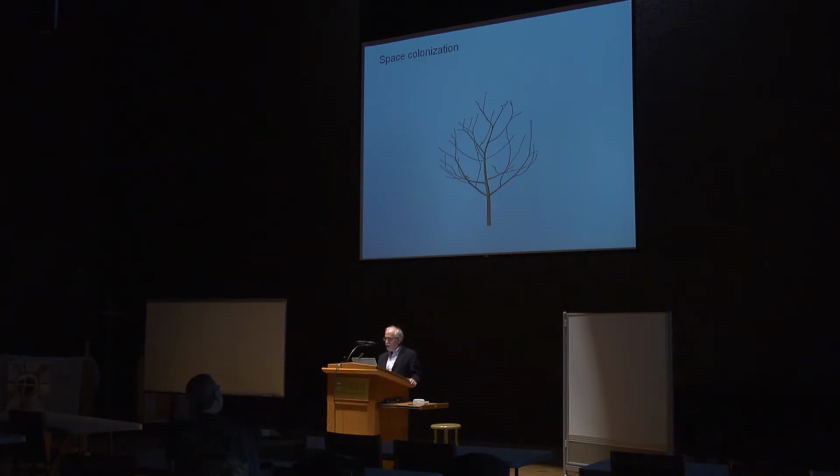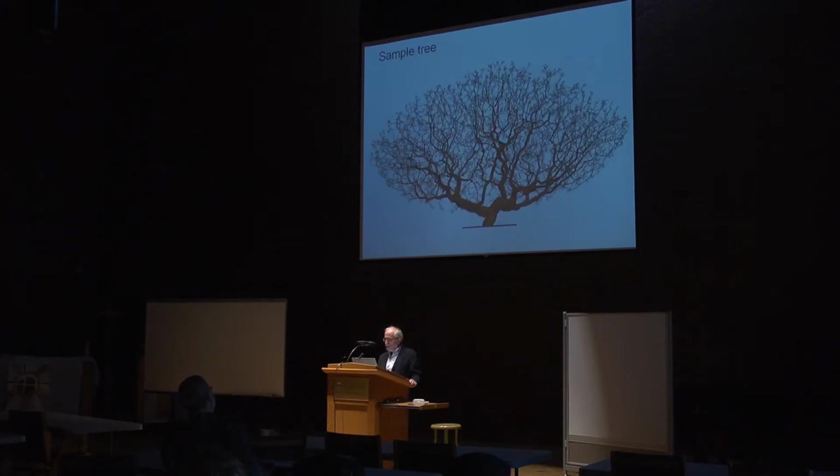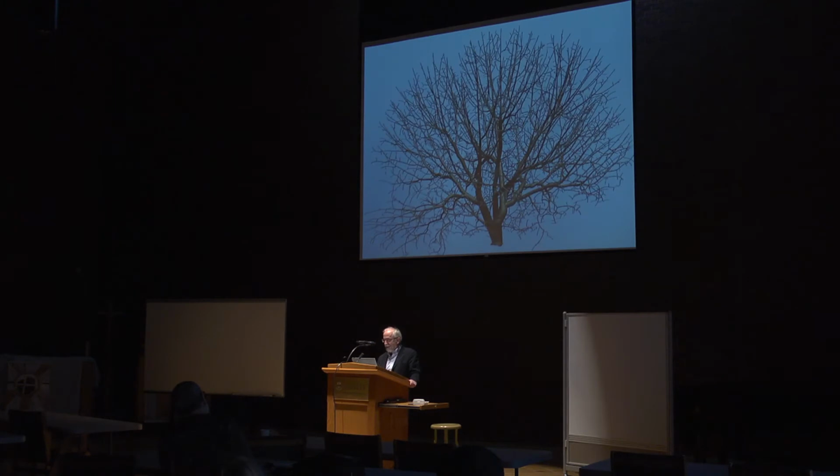And then if we change parameters a little bit and run the algorithm a little bit longer, we get this kind of structure, which happens to look quite a lot like a frangipani tree. Not frangipani, actually jacaranda. Okay? Again, not a tree from here, but quite widely known. And here is another example.